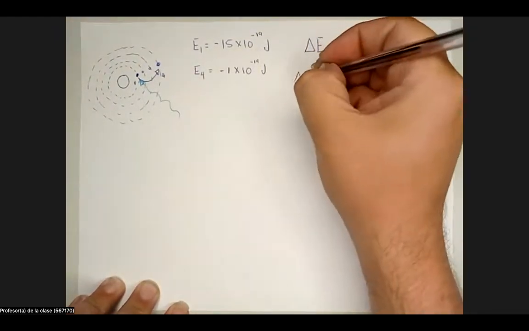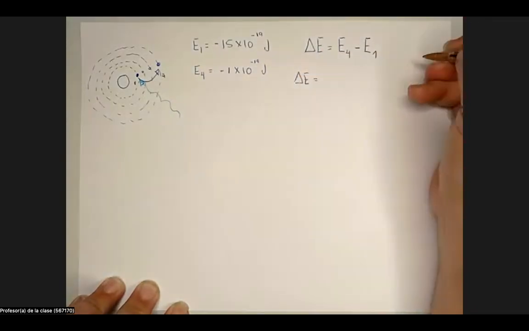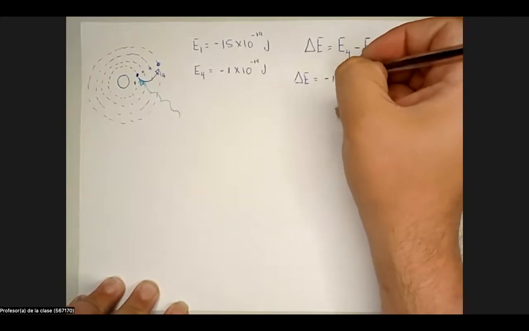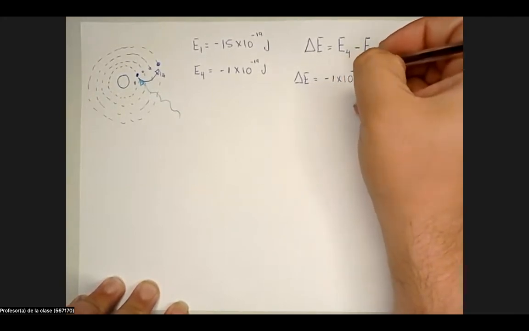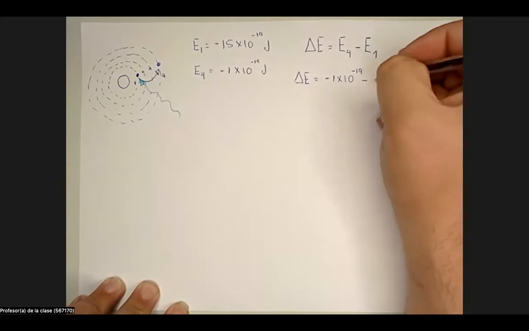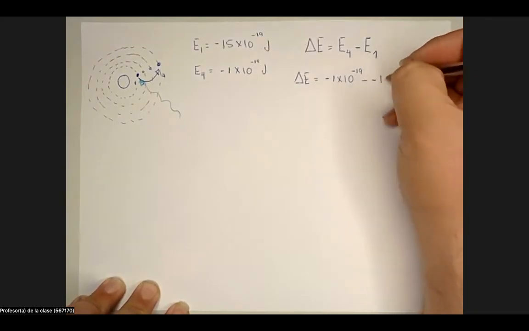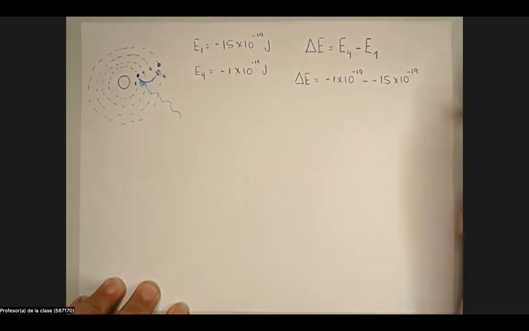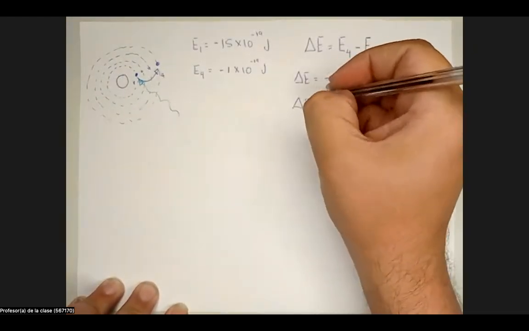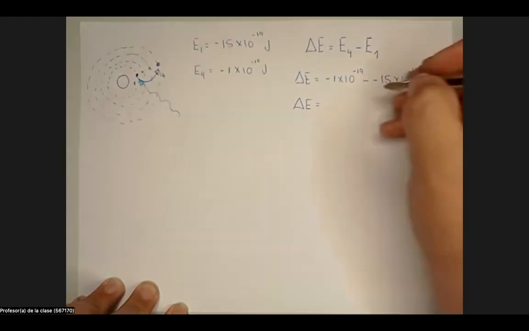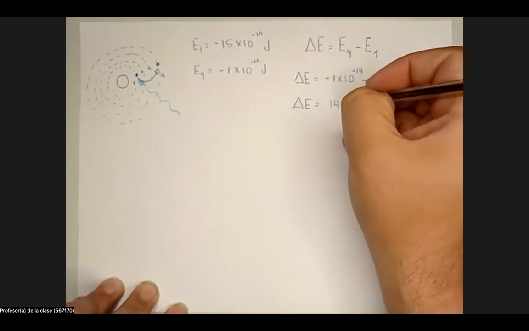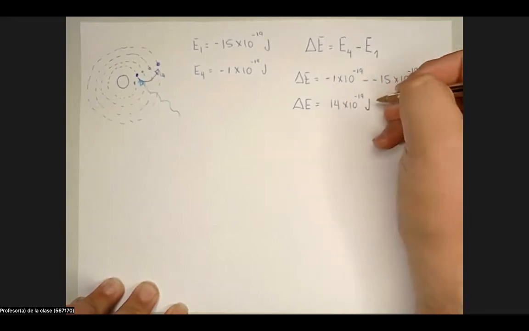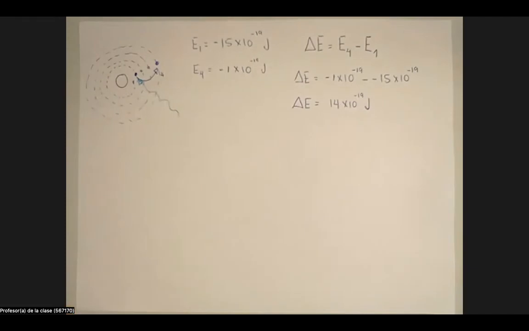This change in the energy will be minus 1 by 10 to the minus 19 exponent minus again 15 by 10 to the minus 19 exponent. So this will be 14 by 10 to the minus 19 exponent, and that will be in joules, okay?